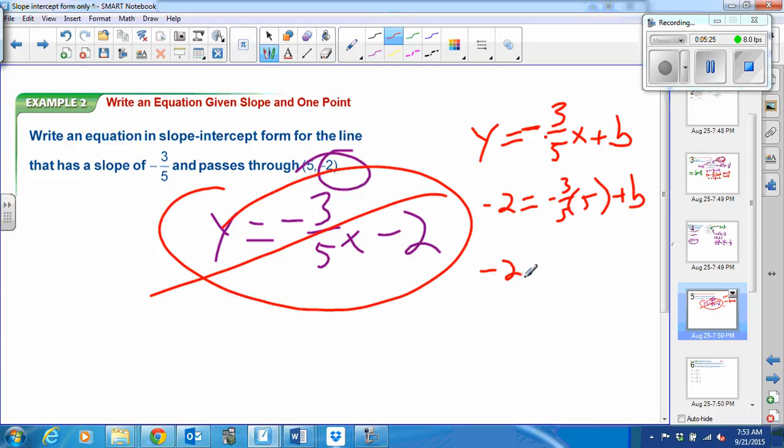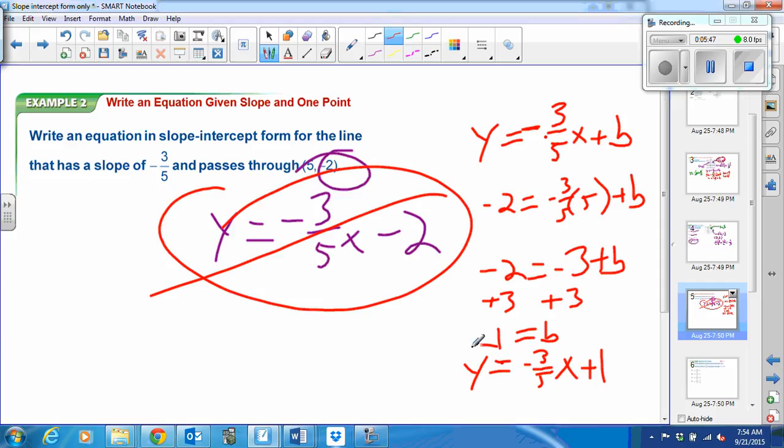And so we get negative 2 equals, well, negative 3/5 times 5 is negative 3, plus b. Add 3 to both sides, and we get that 1 equals b. So we get y equals negative 3/5 x plus 1.